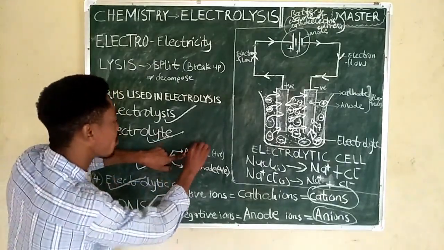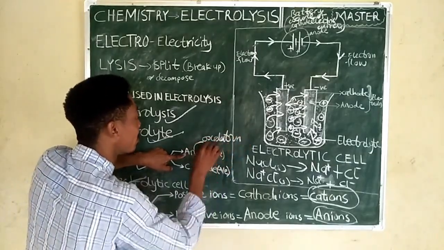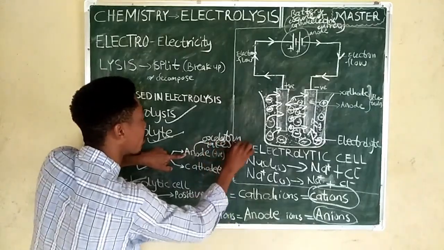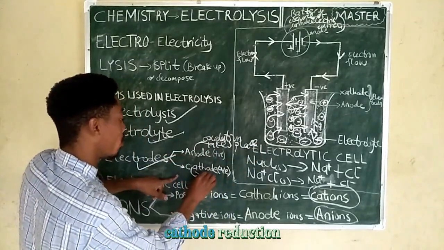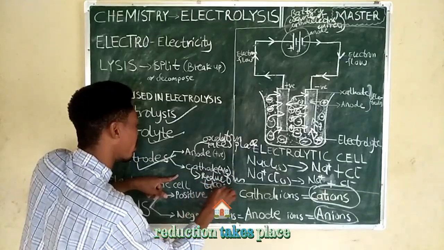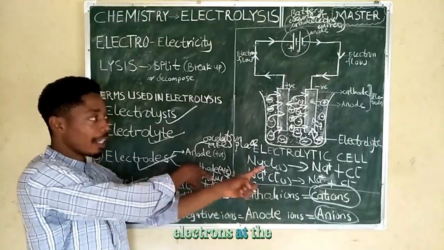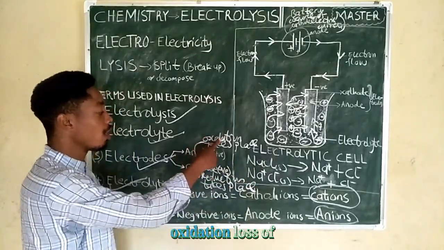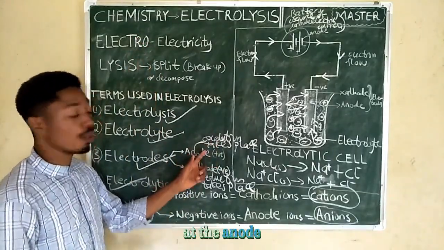So at the anode, oxidation takes place. And at the cathode, reduction takes place. Reduction, gain of electrons at the cathode; oxidation, loss of electrons at the anode.